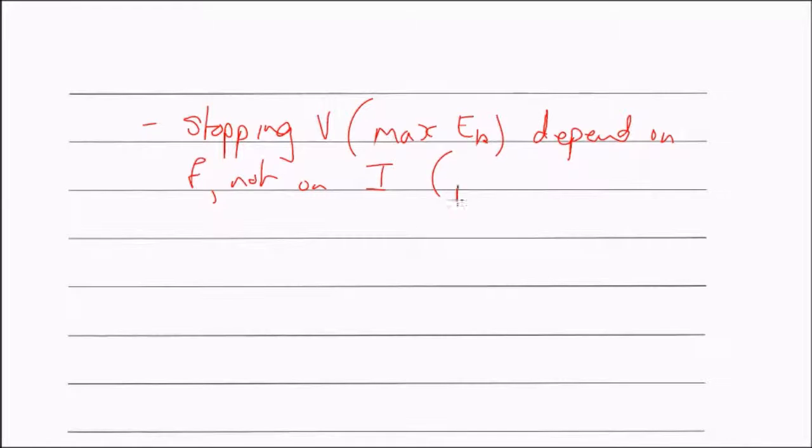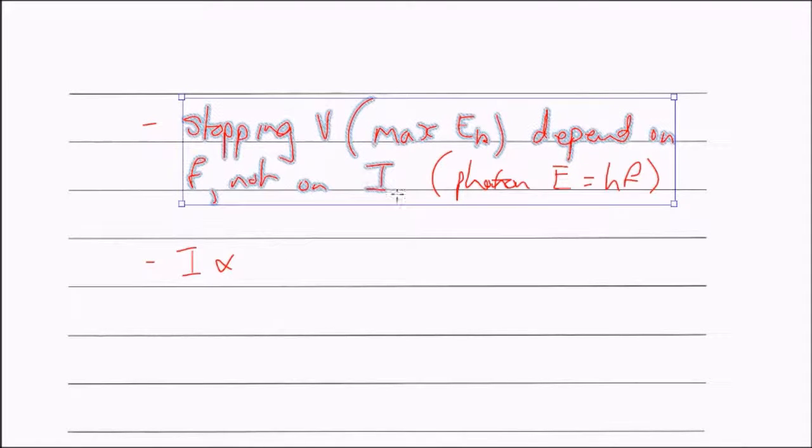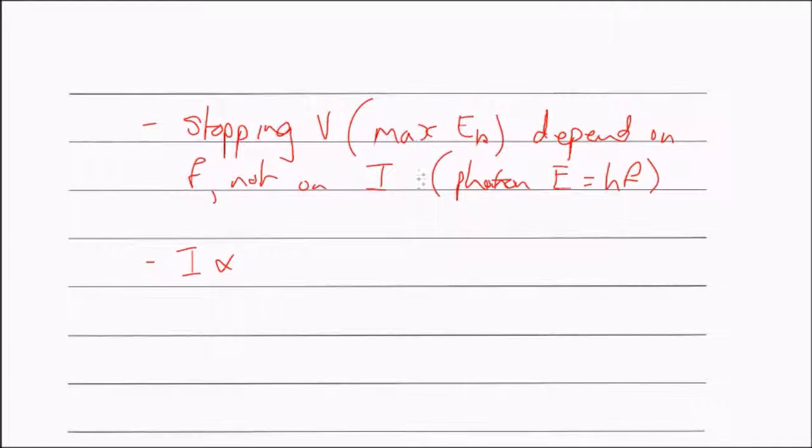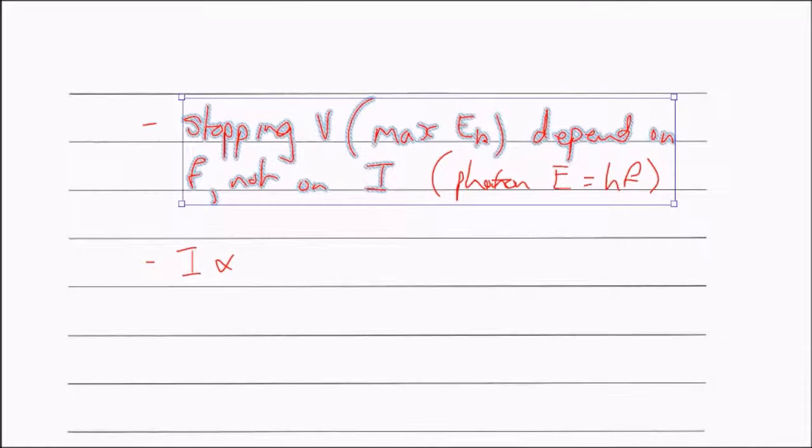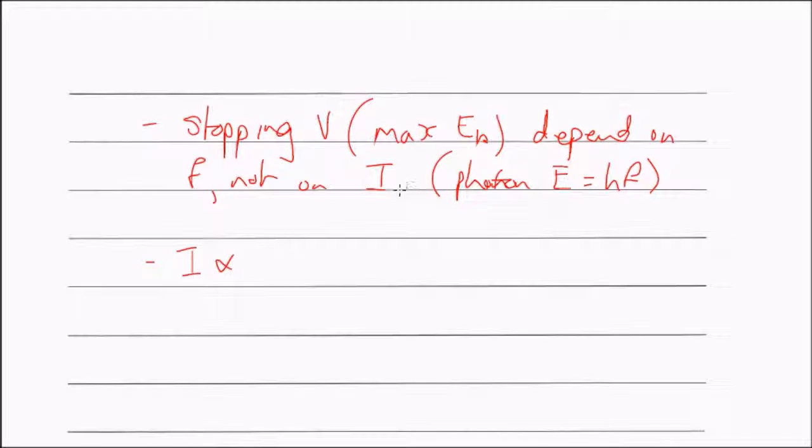And remember that the photon energy is dependent on the frequency, E equals hf. And the other point here in terms of our explanation is that the current is, actually I should say intensity up here rather than I, because that's getting confused with current.